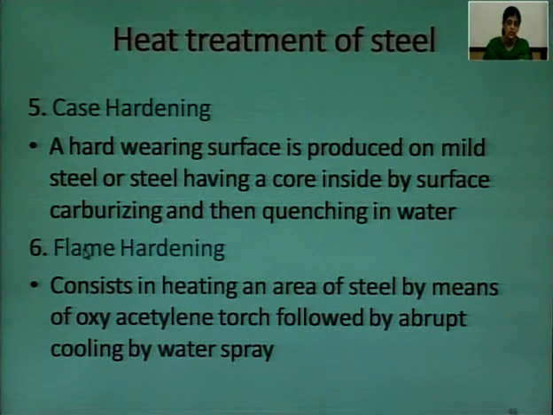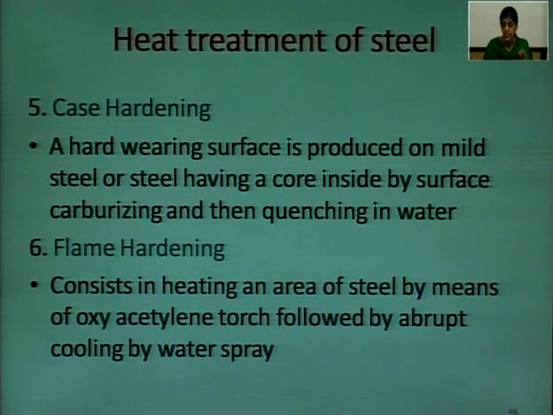Then the sixth heat treatment is flame hardening. In flame hardening, we are heating an area of steel by means of an oxyacetylene torch followed by abrupt cooling by water spray. We are heating by oxyacetylene torch and then we are cooling it abruptly.